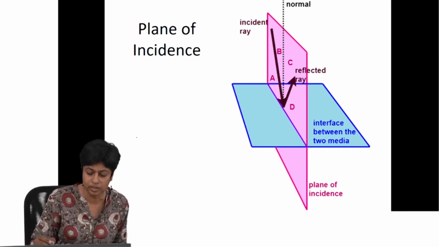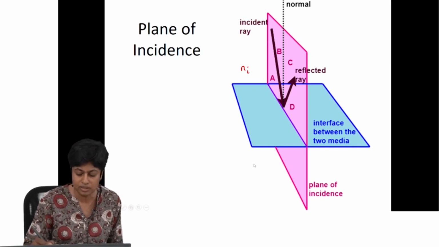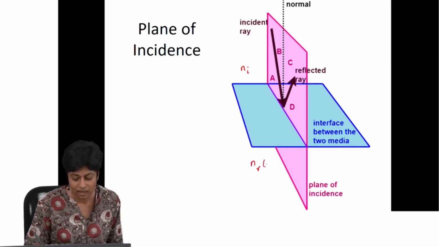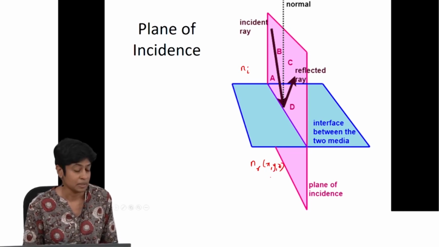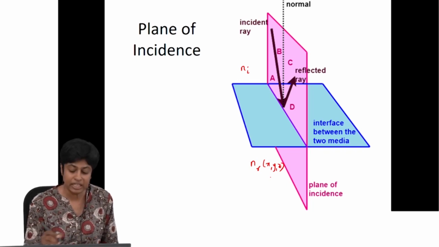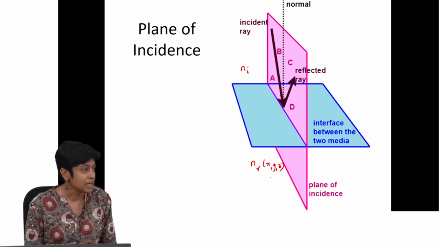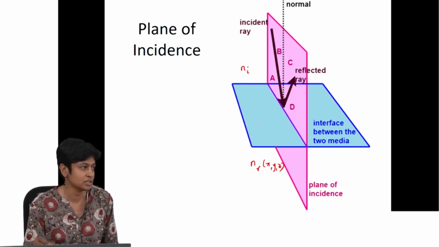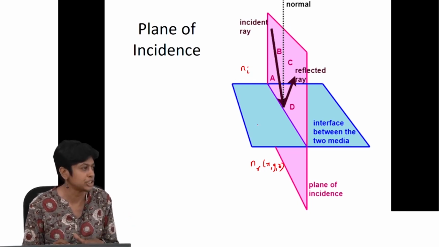Like I have shown over here, let us say this is Ni, the incidence medium, and below this interface I have Nr. Nr may be a function of x, y, z. But at this interface, what happens? The reflection that happens here may be diffuse if this interface is not a smooth, polished interface. Then I talk about diffuse reflectance.